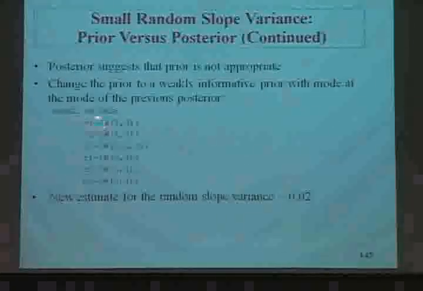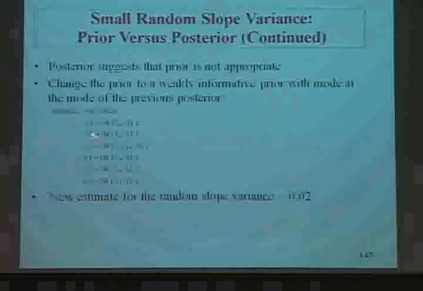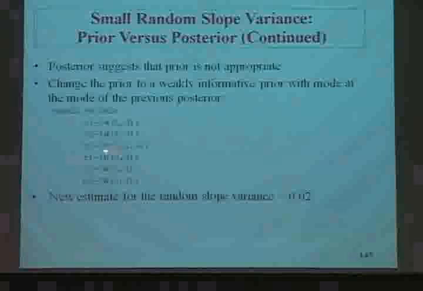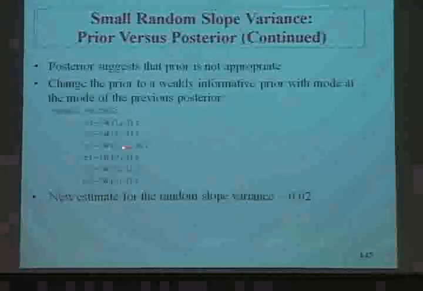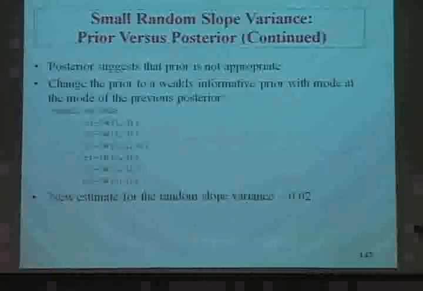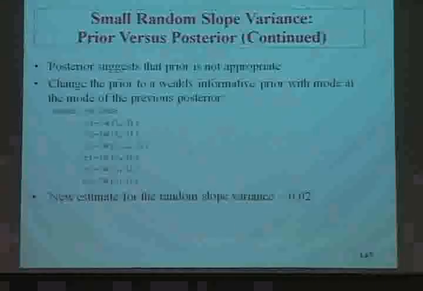This is the variance of the random intercept. This is the variance of the first random slope. This is the variance of the third random slope, and that's our problematic parameter. The default prior had a 1 here, and we're changing this now to 0.2. And this 0.2 is going to move the mode of the prior from 0.25 down to 0.05, which will match what we got as a posterior in our first analysis.